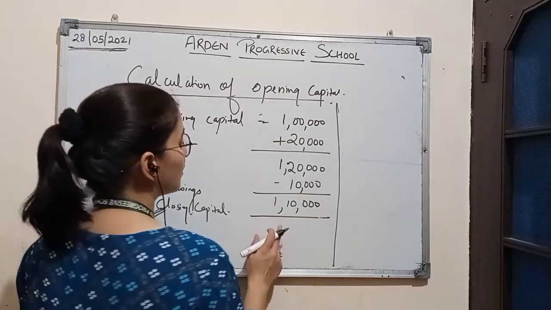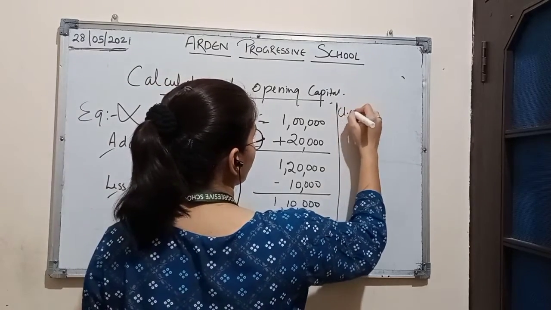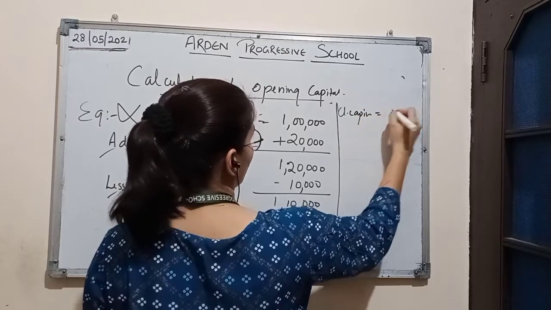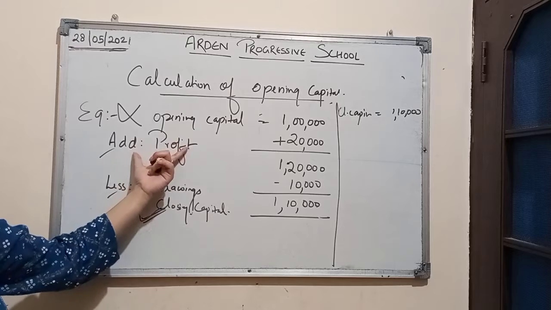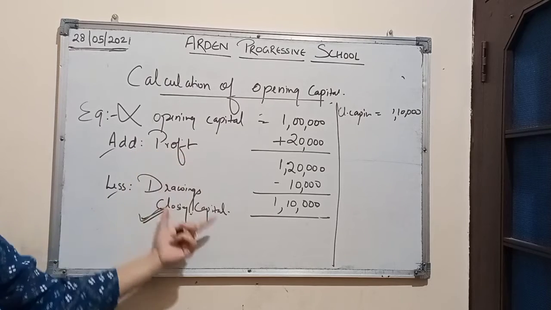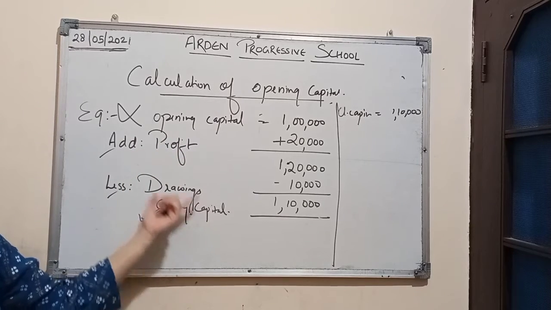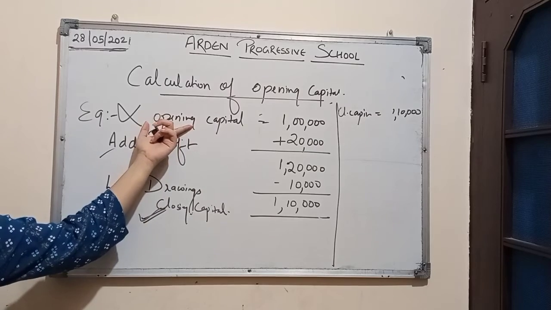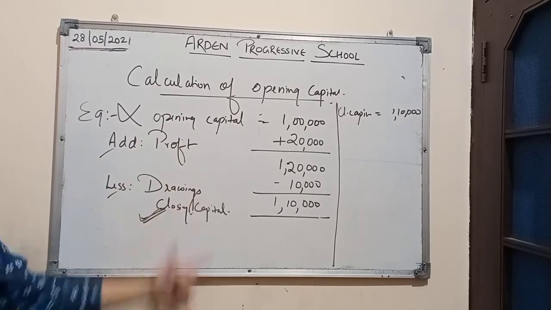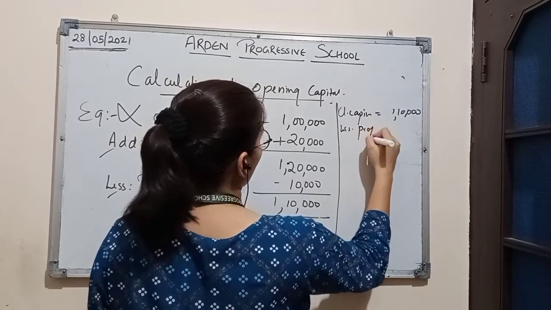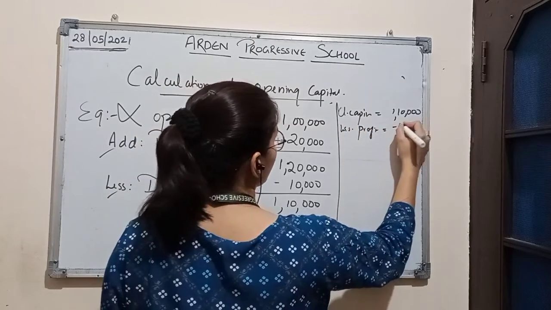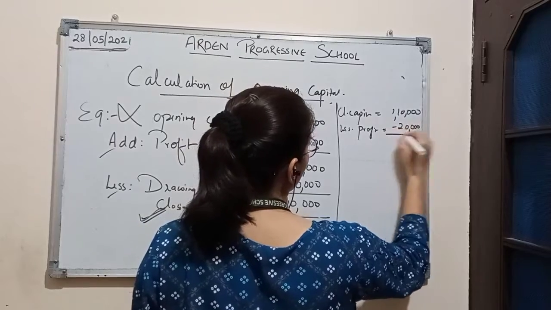For example, closing capital is rupees 1,10,000. Now, profit was added to calculate the closing capital. Here we have to calculate the opening capital. So now profit will be deducted from closing capital. We will deduct profit. Profit is amounted to rupees 20,000.